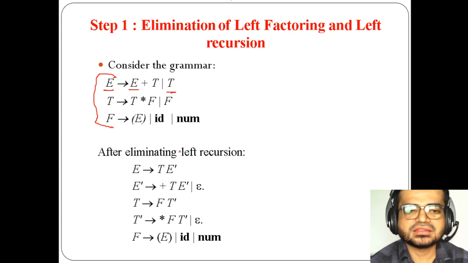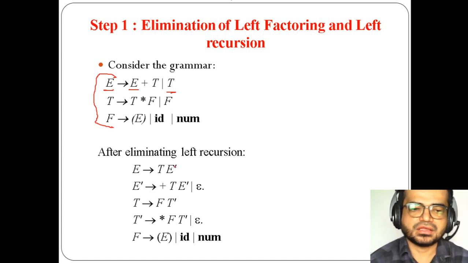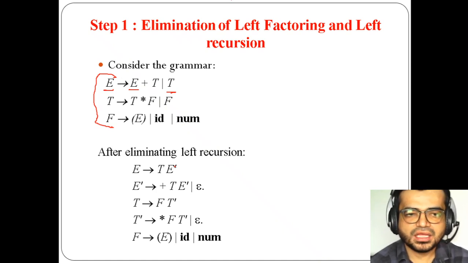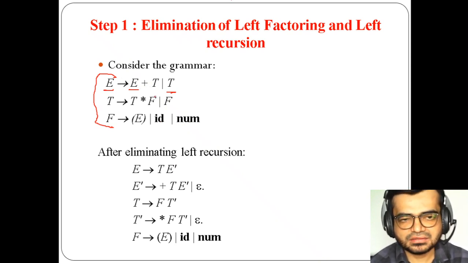So you have to eliminate this left recursion. Now the question is, how can you eliminate left recursion? Whenever you want to eliminate left recursion, like here, this T is a single non-terminal, right?